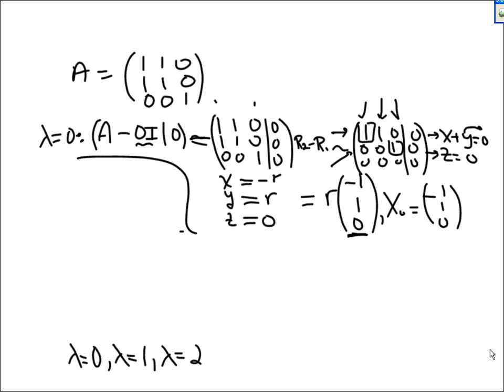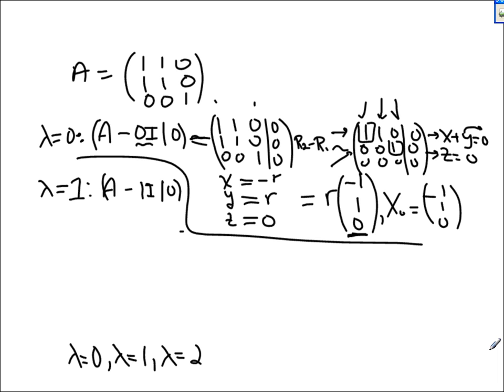Now, let lambda equal 1. If lambda is equal to the number 1, we have A minus 1 times I, augmented with 0. So I just take away 1s from the diagonal, and those entries all become 0. So I have 0, 1, 0, 1, 0, 0, 0, 0, 0.